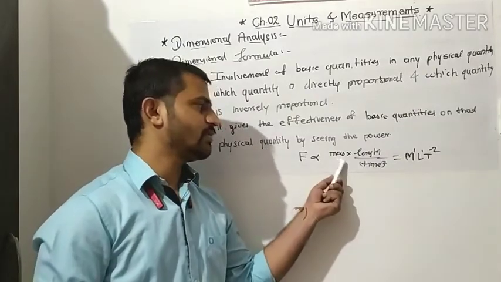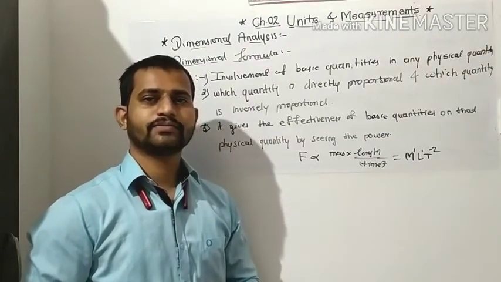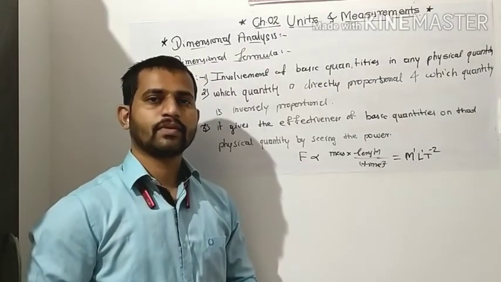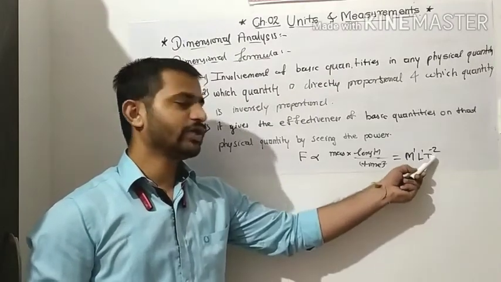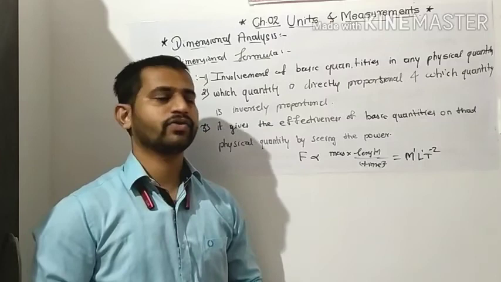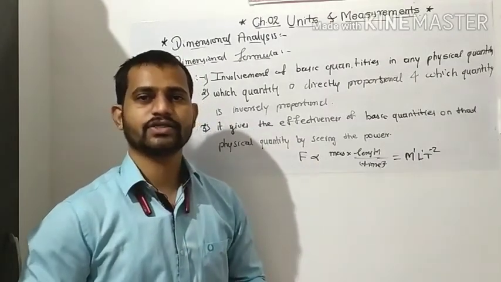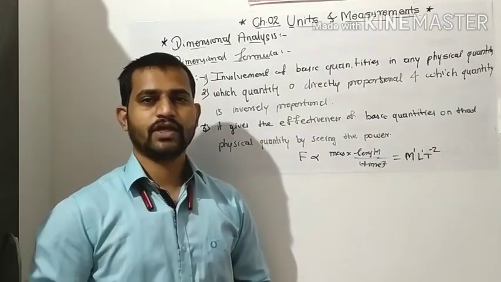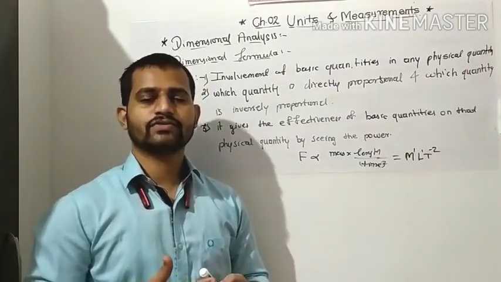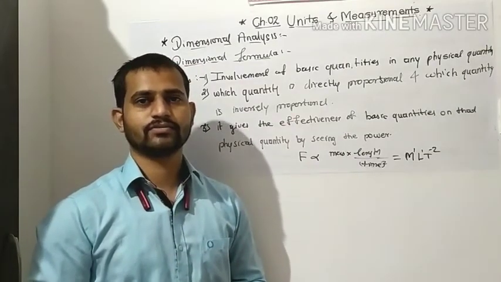Even if we increase the mass, the amount of force we get is not higher as compared to if we decrease the time. So to increase any force we have to decrease the time, then we'll get more force.